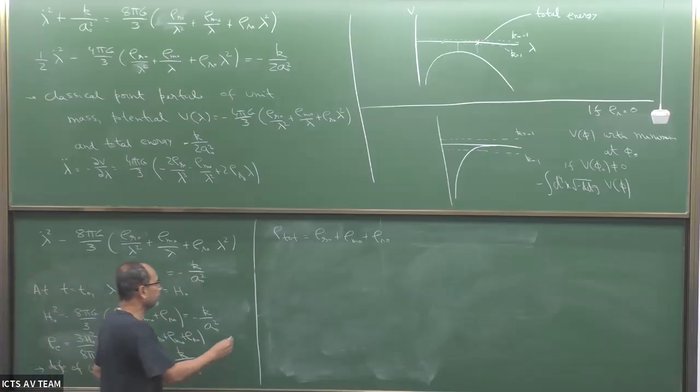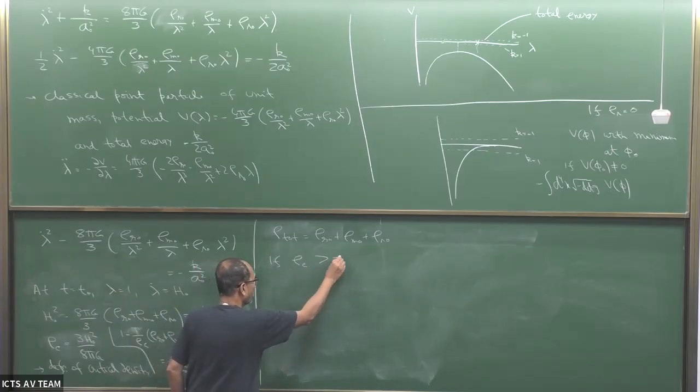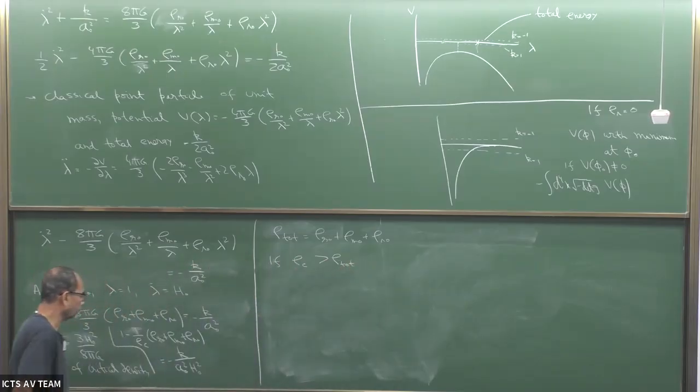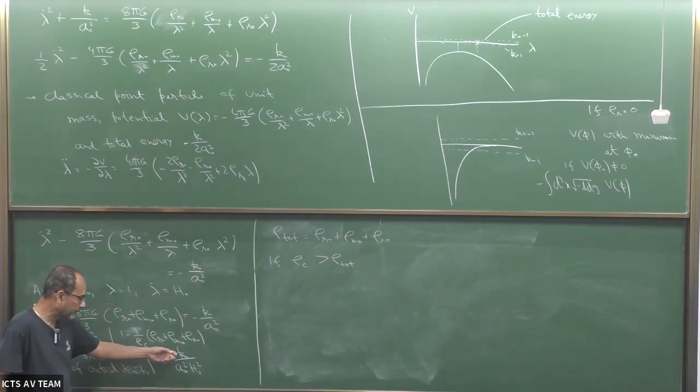So if rho C is larger than rho total, then this is less than 1. So the left hand side is positive. If the left hand side is positive, that means K must be equal to minus 1.